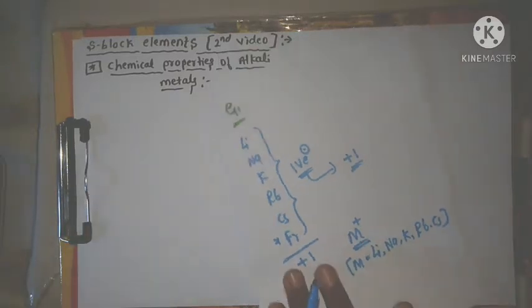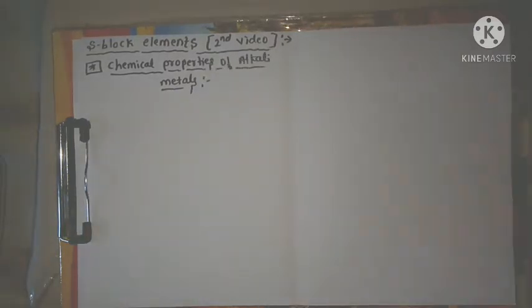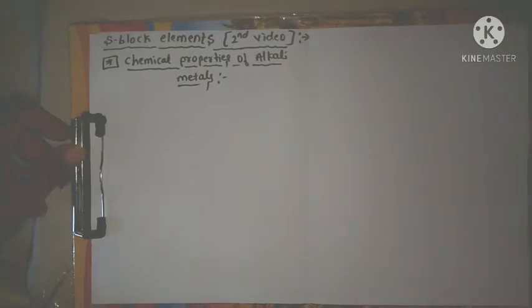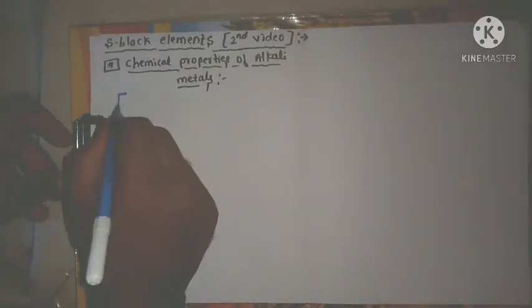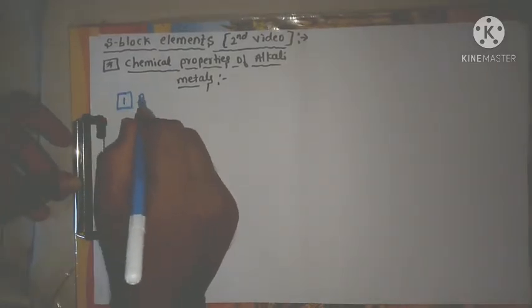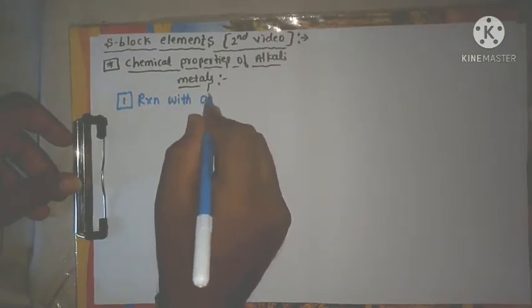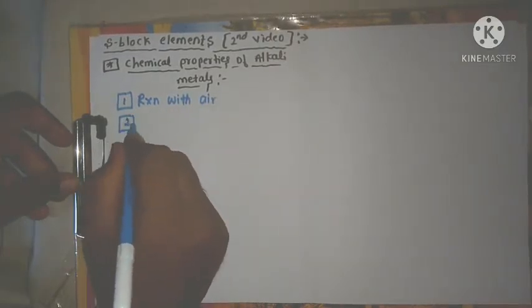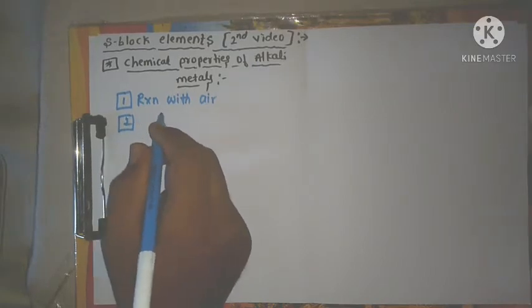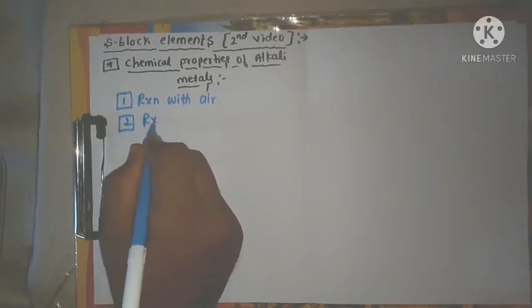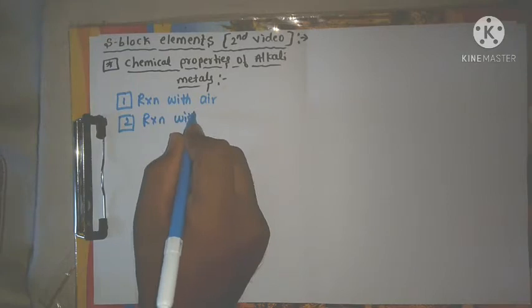What are the chemical properties we are going to discuss here? First, the reaction of alkali metals with air. Second chemical property is reaction of alkali metal with water.